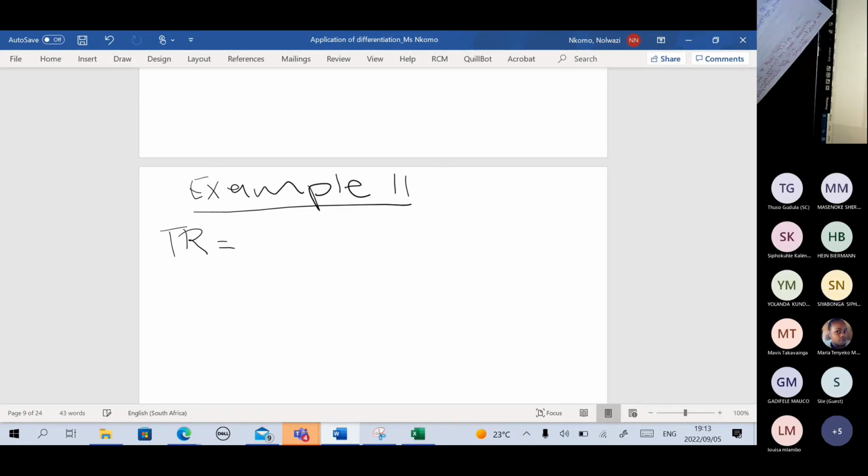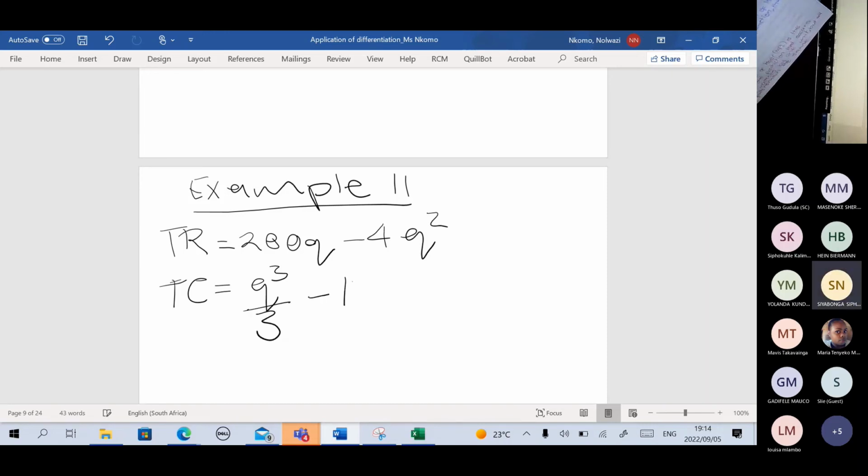Total revenue is equal to 200Q minus 4Q squared, and TC is equal to Q cubed divided by 3 minus 12Q squared plus 164Q plus 100. Yes. And then what is the question there?